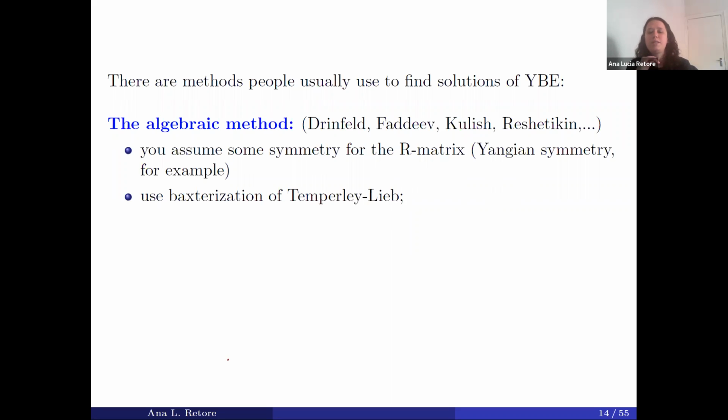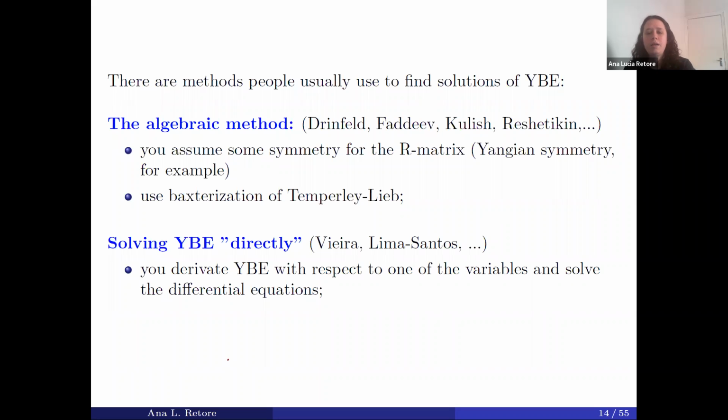The only problem is that if you want something a bit out of these symmetries, you cannot apply it, so it's not complete. It's very nice, simple to apply and very successful. But I think we basically found almost everything we could with it. We meaning the community, not me. All these classifications of trigonometric, elliptic, and rational models associated to these algebras were done like that.